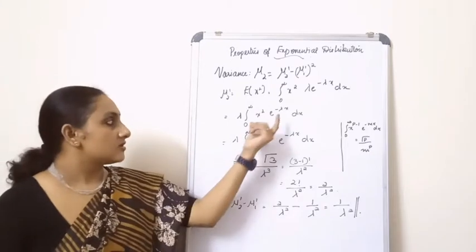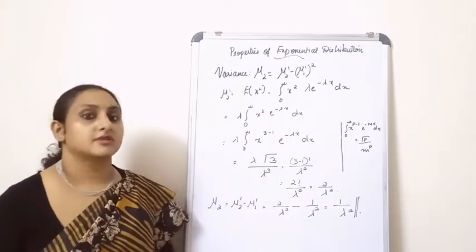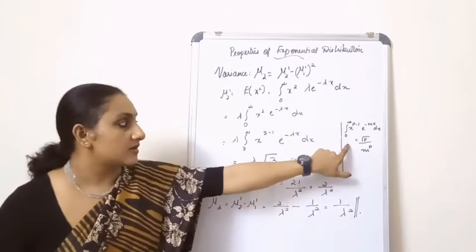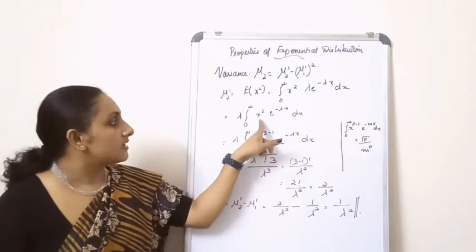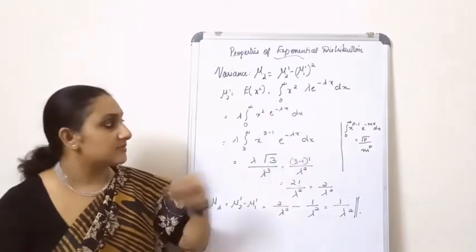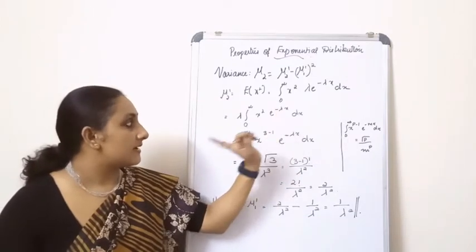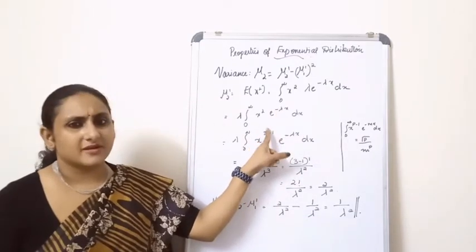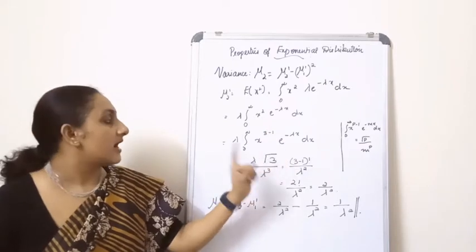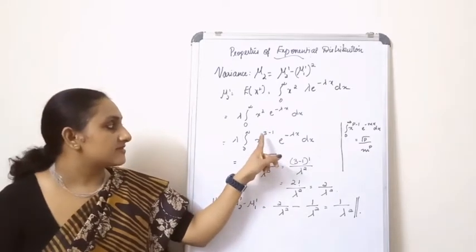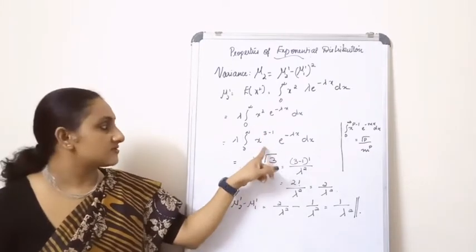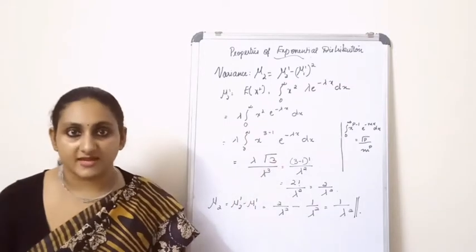Again, you are going to do some magic over here with the help of your gamma integral. Now here it is x square e raised to minus lambda x. So this part is fine. You know what m is from here? It is lambda. Now what about this x square? How will you change it? You can change it to x raised to 3 minus 1, and x raised to 2 is the same, right?